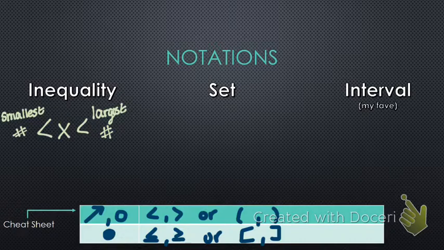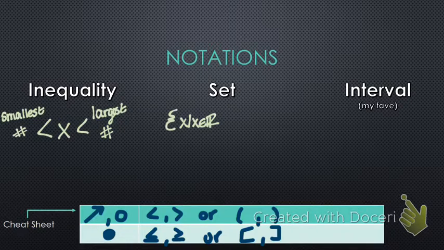Set notation is kind of ugly. It starts with this stuff, and if that looks like Greek, it's because it is Greek. So in set notation, it always starts with this at the beginning.